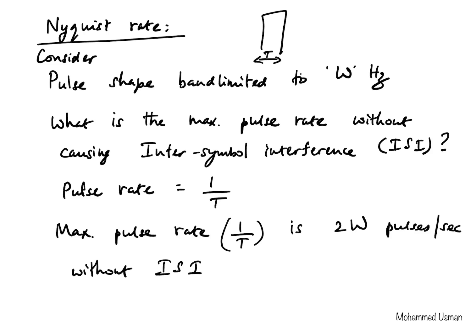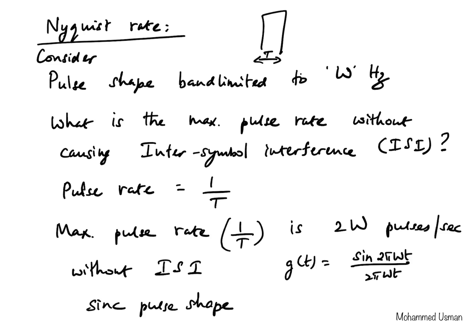And by the way, the shape of the pulse that achieves this limit is what is called the sinc pulse shape, which is given by the function, if you call it g of t, as sin(2 pi W t) by (2 pi W t).